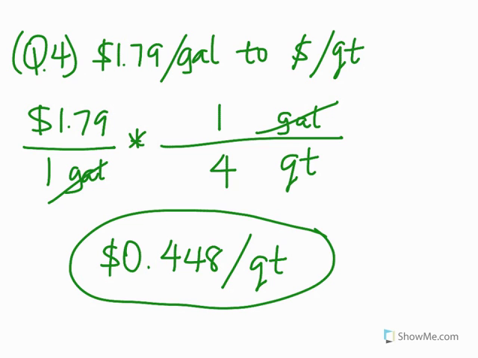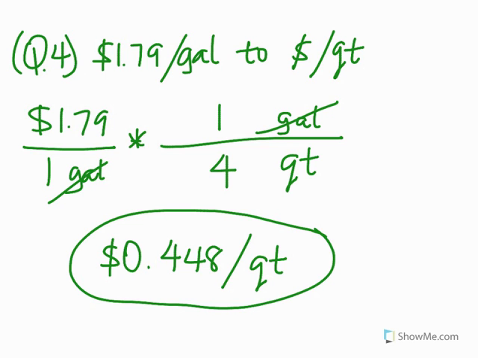Now, I know that we have 0.448 dollars per quart, and that in the American system the cents should be only 2 digits. But we are looking at the question now, because it's 3 significant figures, that is why we want to leave it like that.